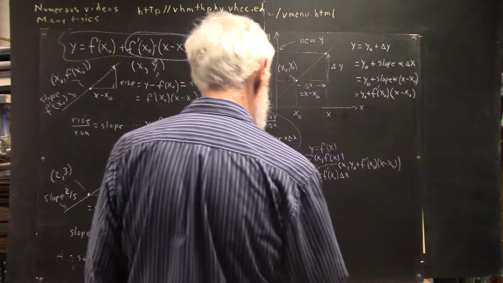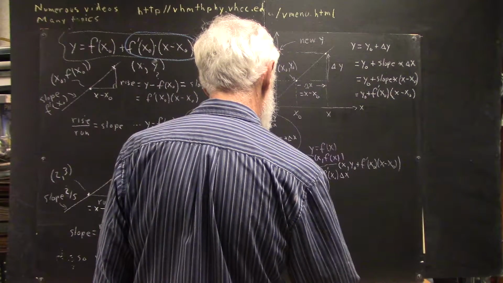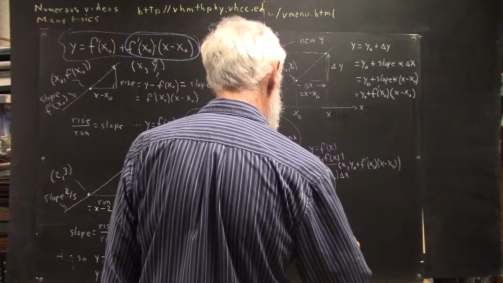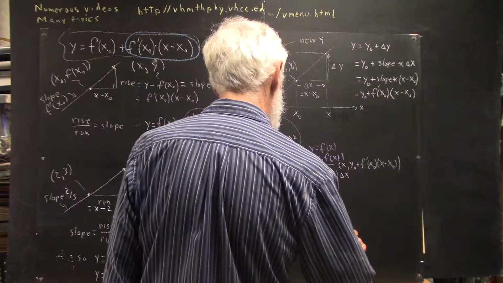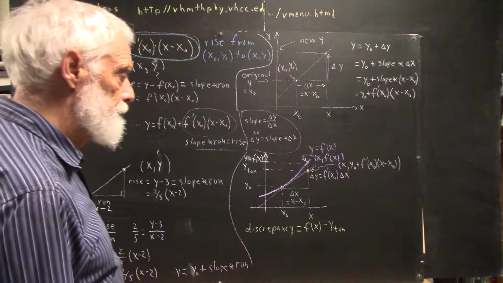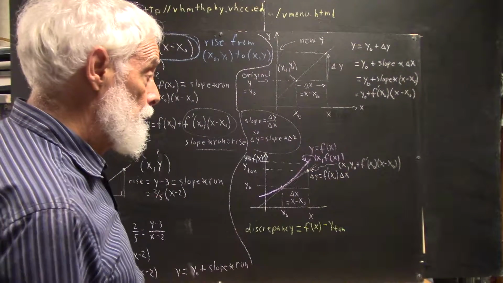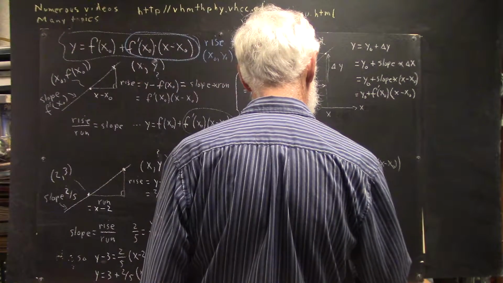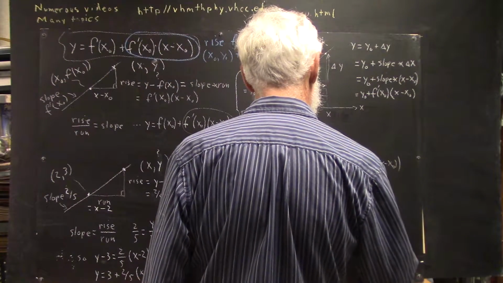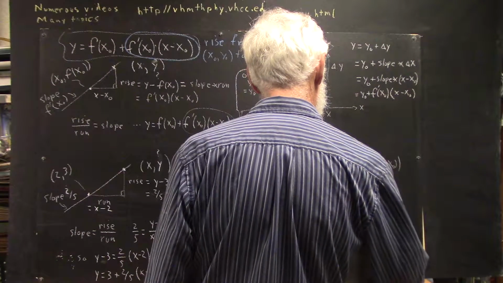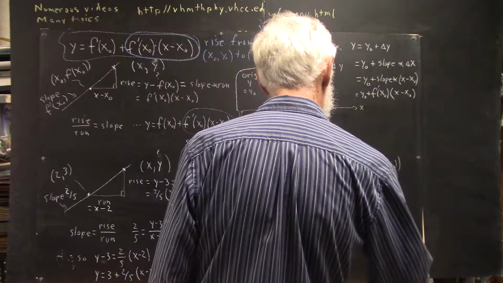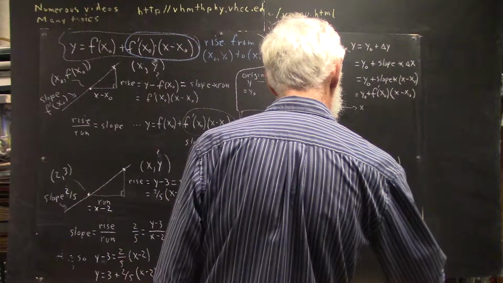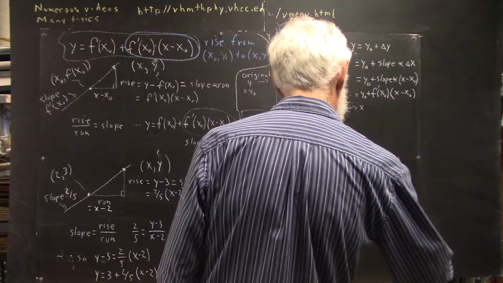It's f of x minus y tan, okay? And that's just f of x minus the quantity y naught plus f prime of x naught times x minus x naught.